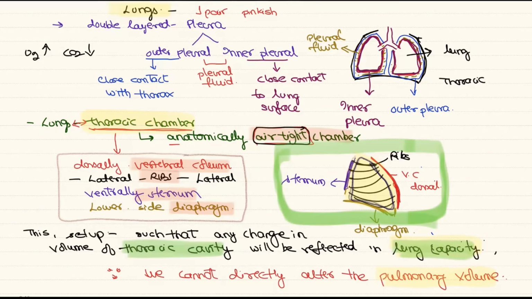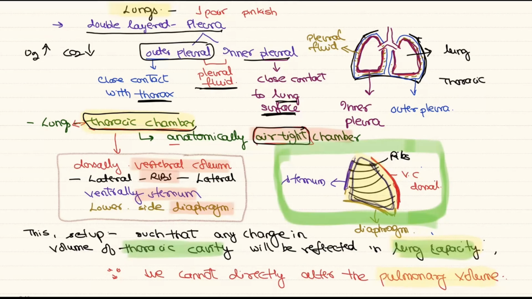This will help in the proper respiration, the inhalation and exhalation process. So remember that lungs are one pair of pinkish structures, covered by a double pleural membrane. The outer pleura is in close contact with the thorax, and the inner pleura is in close contact with the surface of the lung itself. Of course, to prevent friction, we have the pleural fluid.